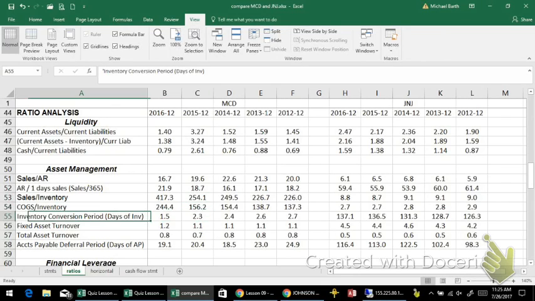The days of inventory, which would be inventory divided by 1 day's cost of goods sold, tells you that they only hold a couple of days of inventory at any one point in time. Whereas in contrast, you see J&J is holding, what is that, 4.5 months worth? So materially different approach to inventory. McDonald's very heavy into the just-in-time inventory, and J&J is not. Neither one's better or worse.